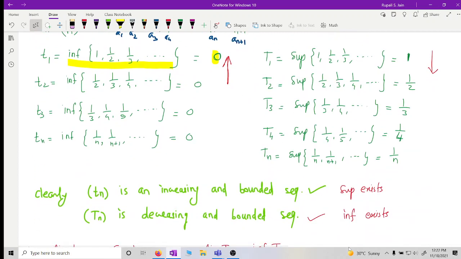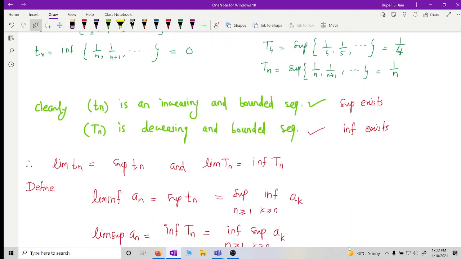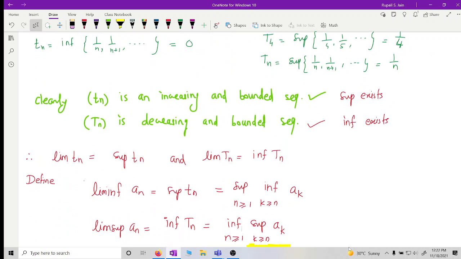I have just defined. Okay, so we will write liminf also. So what is my liminf by definition? Liminf of 1/n will be the supremum of small tn, right? Supremum of small tn. So what is this?